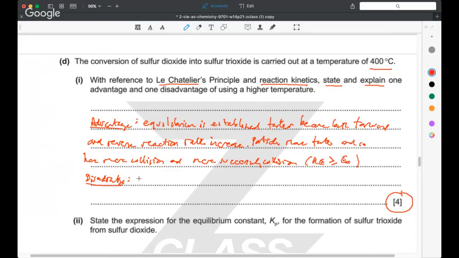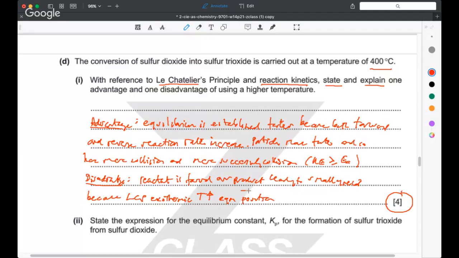So the disadvantage is that reactant is favored over product, leading to a smaller yield, because according to Le Chatelier's principle, when the reaction is exothermic, which we saw earlier in the question, when the temperature increases, then the equilibrium position shifts to the left, towards the reactants.